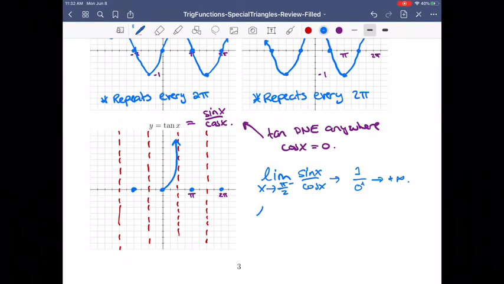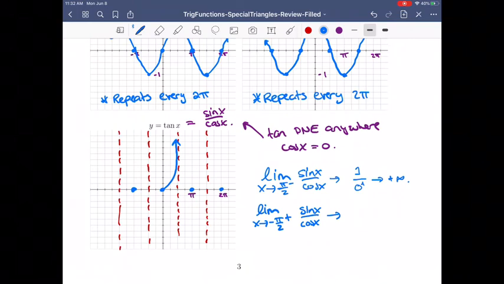Okay, now if we approach negative pi by 2 from the right, sine's going to negative 1, but cosine is still going to 0 in the positive sense.